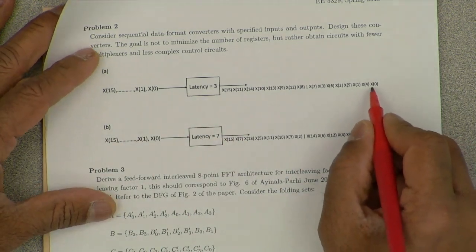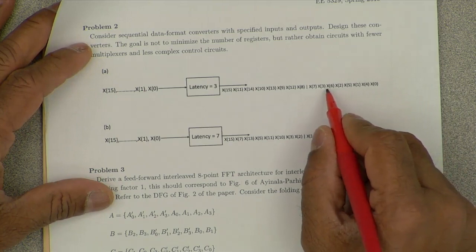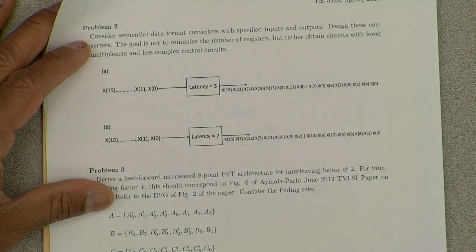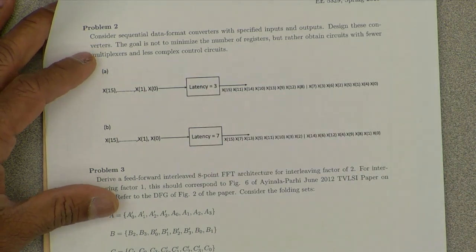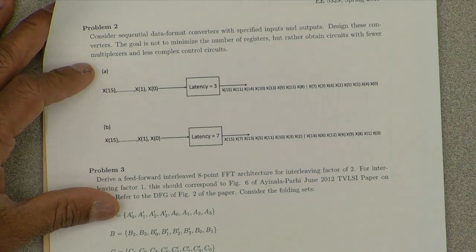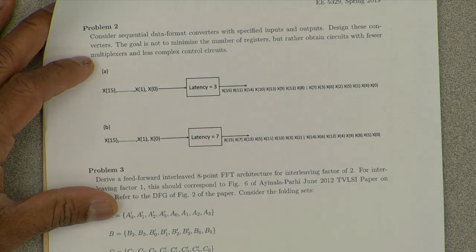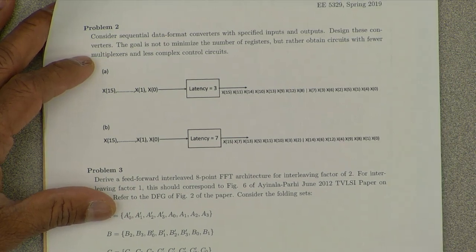These look very strange: 0, 4, 1, 5, 2, 6, 3, 7. How do you design a circuit that reorders them like that? And the circuit should be simple. Well, it seems one would be clueless about how to even approach these kinds of problems. But you are not clueless, because you have listened to me this whole class and the last couple of classes.